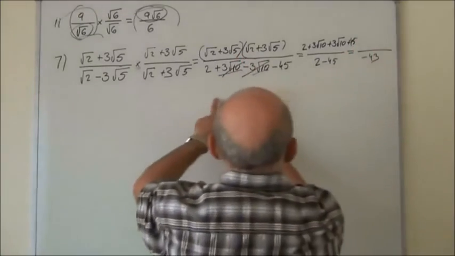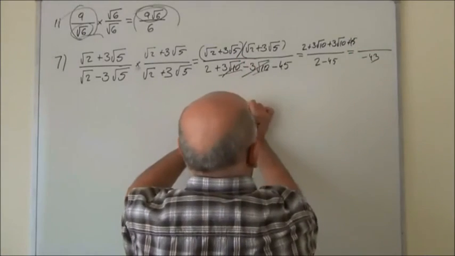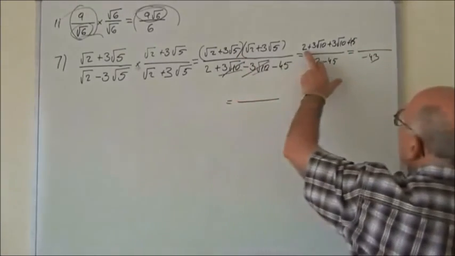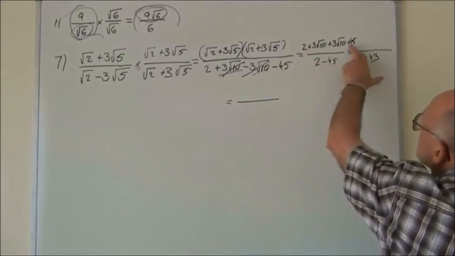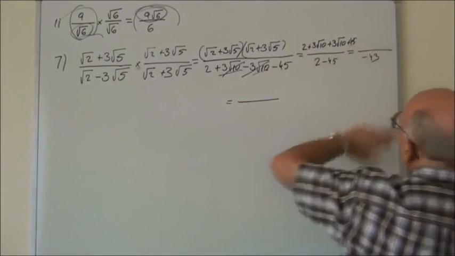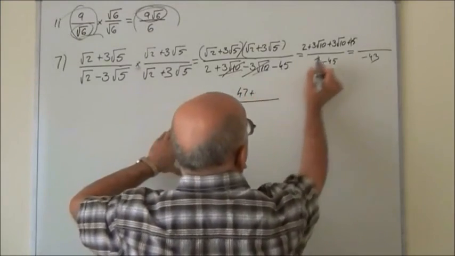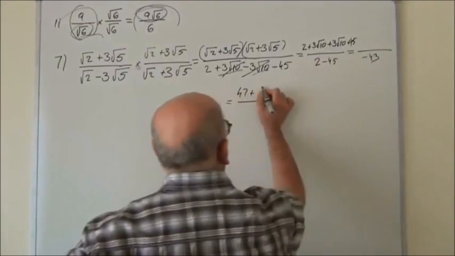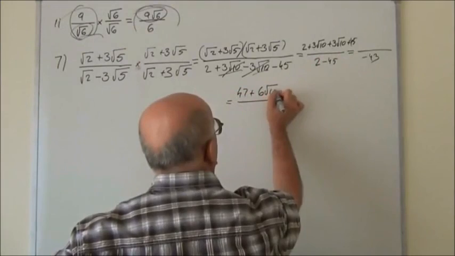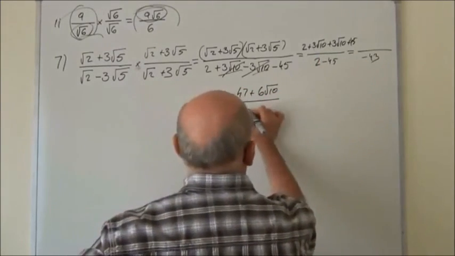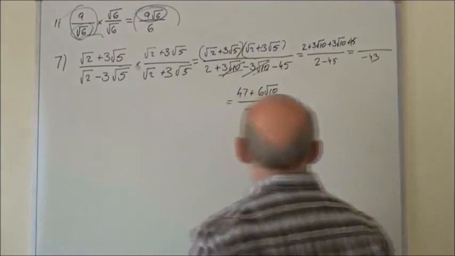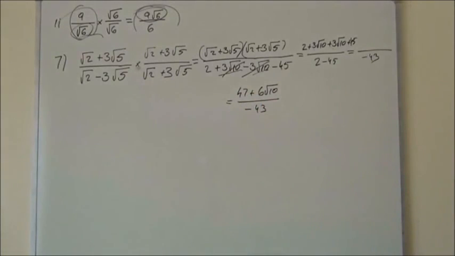I will write it better here. So we have 2 plus 45 is 47, plus 6 root 10, and here minus 43. So that would be the answer.